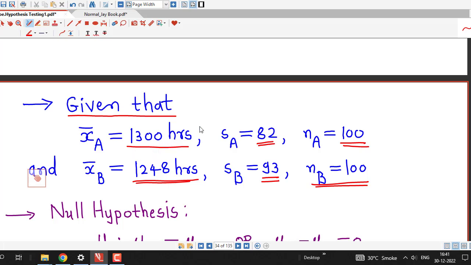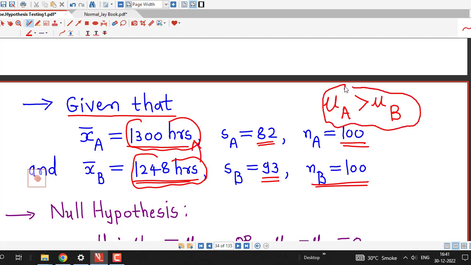So from this we assume that brand A is superior to brand B, that means the population mean life of electric bulbs from brand A is more than the mean life of bulbs from brand B. From this data we claim that this is true.